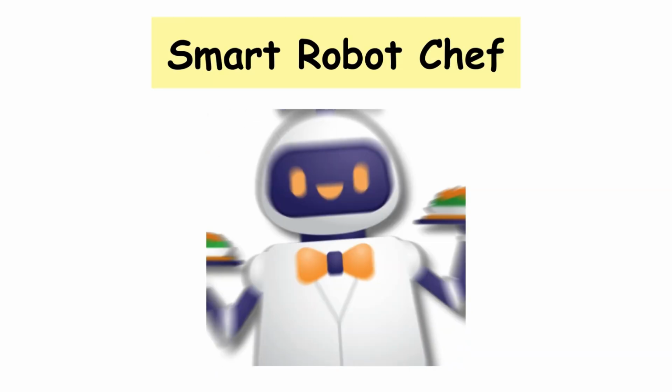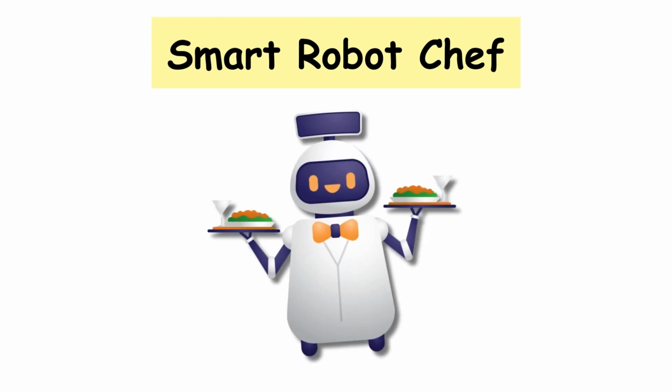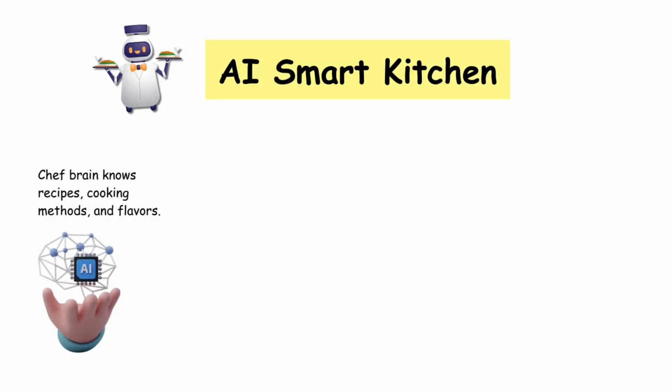Let's make it even simpler with this example. Imagine you're building a smart robot chef, right? And you're using ChatGPT. ChatGPT will be like the brilliant chef brain. It knows the recipes, the cooking methods, and the flavors. But it doesn't know where your fridge is or what ingredients you have. It doesn't remember what you cooked yesterday.